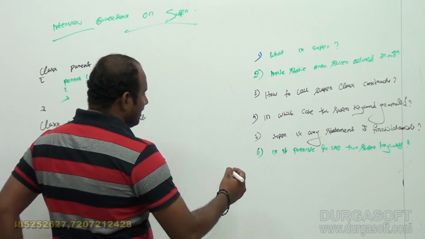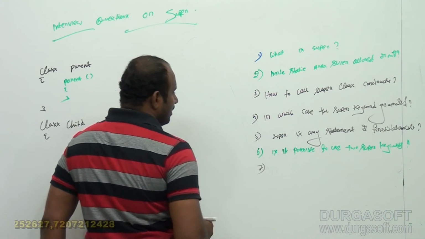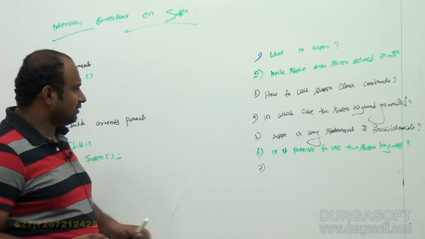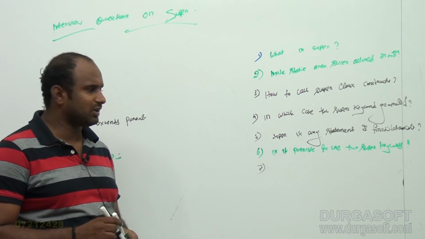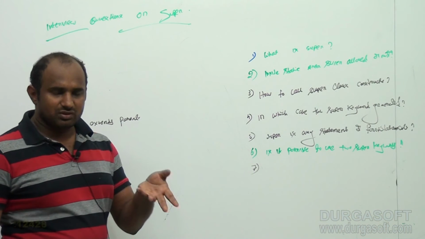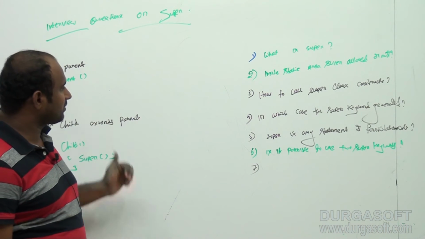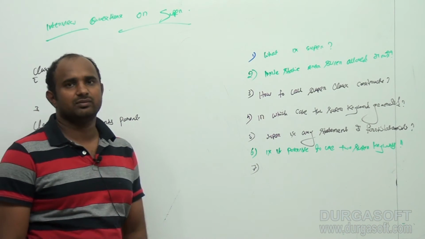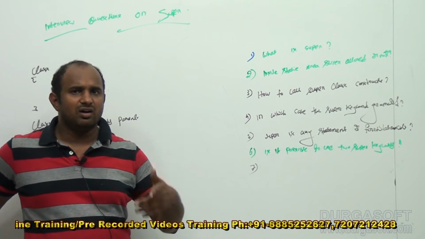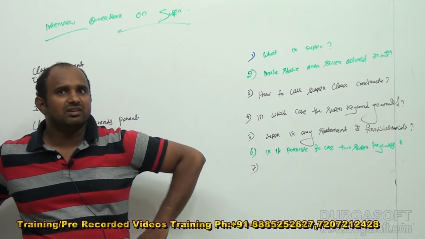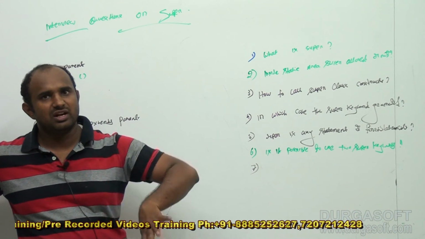And number 7. To call the superclass constructor, we use which keyword? The super keyword, right? Like super of 0 argument means the superclass 0 argument constructor will be executed. In the parent and child relationship, first the parent class instance blocks are executed, then the child class instance blocks.